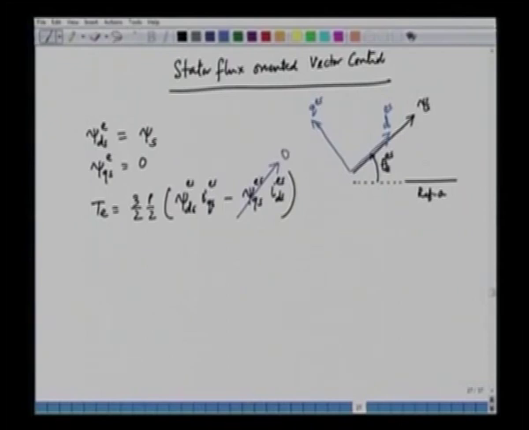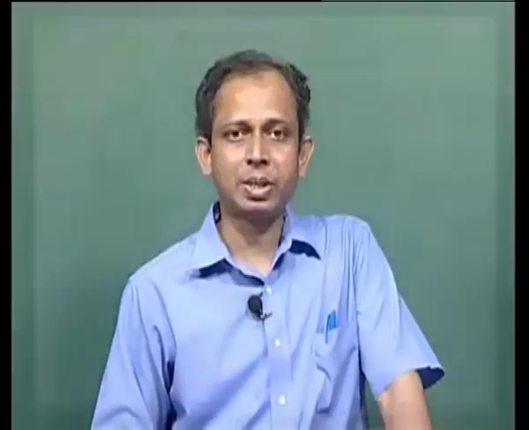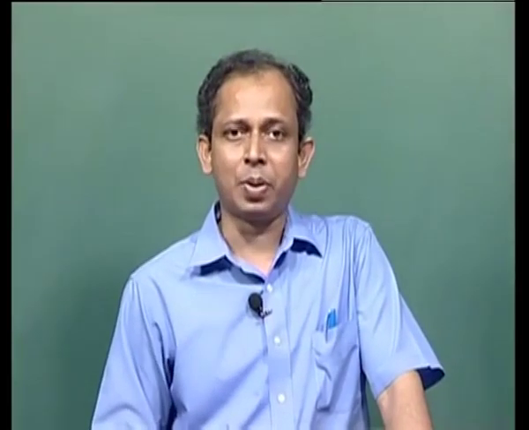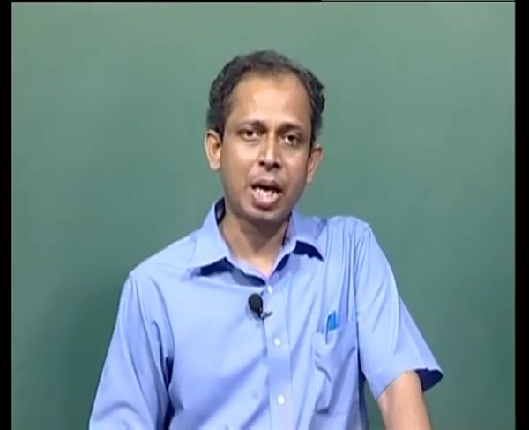So we can write this equation as 3 by 2 into P by 2 into psi ds Es into IQS Es, which also resembles the torque equation of a DC machine. This equation has only two variables, psi ds and IQS.